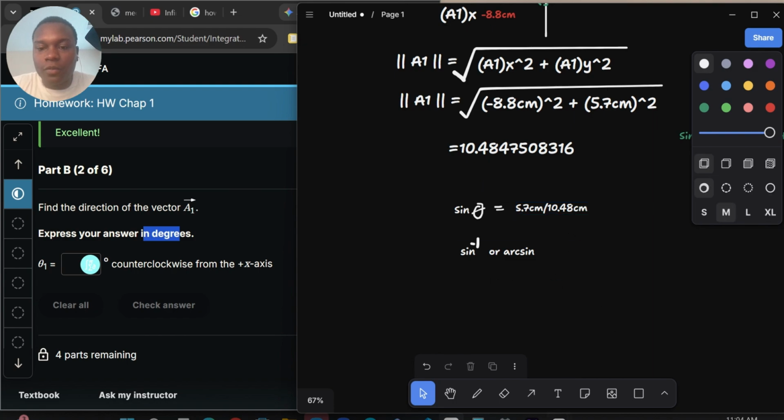All we have to do is put that into our inverse function. So we get arcsine. It'll be sine -1 on your calculator. 5.7 divided by 10.48. Like that.